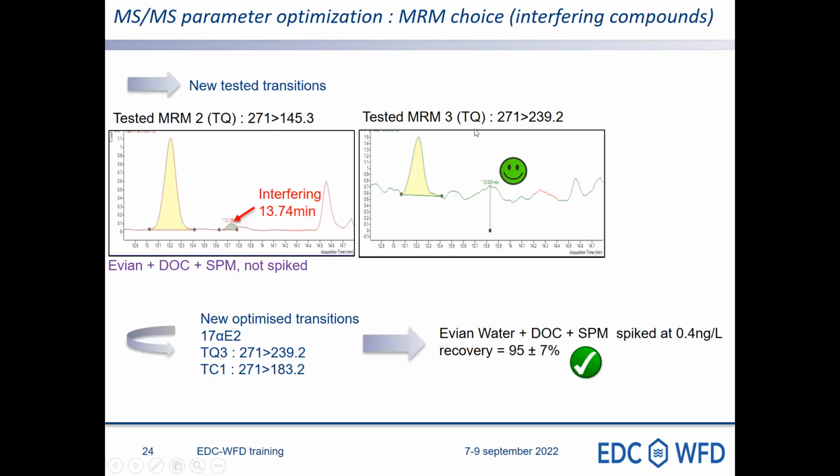The method has been modified and a new, more specific transition has been introduced. And here you see that with this new transition, we are accurate in quantification. So this is really a key message we would like to share with you. Be really cautious with your choice of transition. The most sensitive one for quantification is not necessarily the best choice to implement.